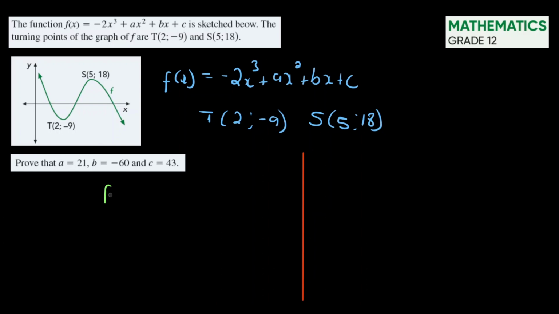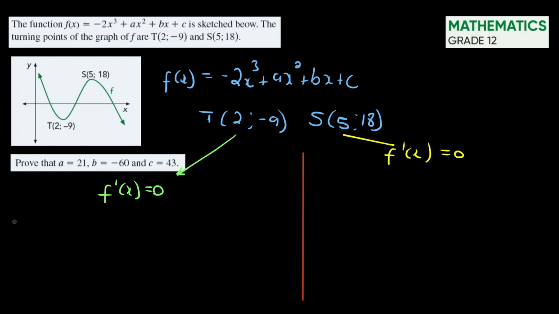We're going to find the first derivative of f of x and equate it to 0, and do the same thing again, but in this instance, we'll be using x is 5, and on the left hand side, we'll be using x is 2. Remember, when you're finding the first derivative of a cubic function, you're finding the turning point.